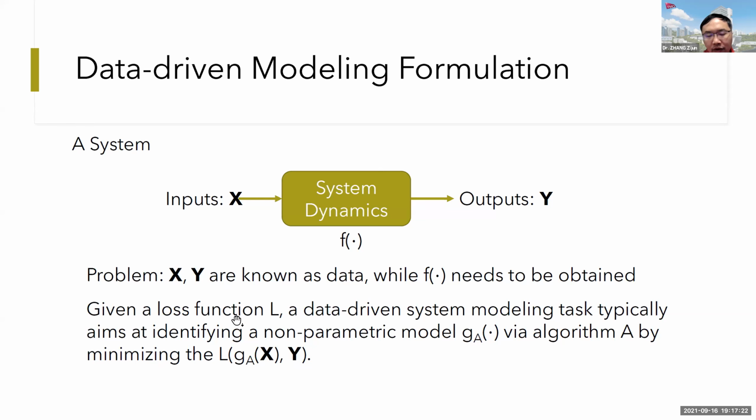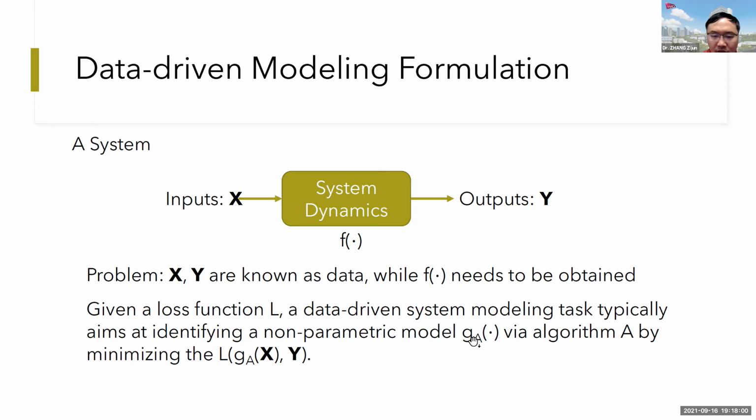There are quite a number of loss functions, and we will discuss them in later classes. Given a loss function L, a data-driven system modeling task typically aims at identifying a non-parametric model G, developed by algorithm A. If the model G is developed by a linear regression model, then A is equal to linear regression. If G is developed by a neural network model, then A is neural network, okay?